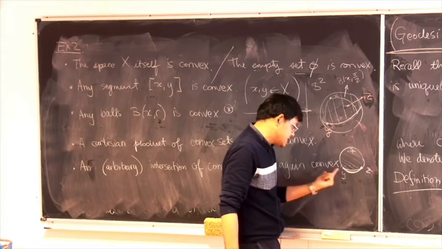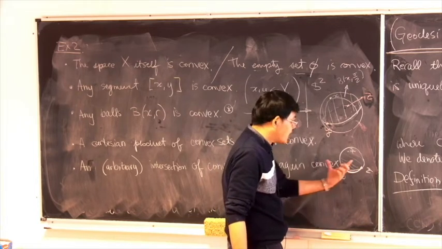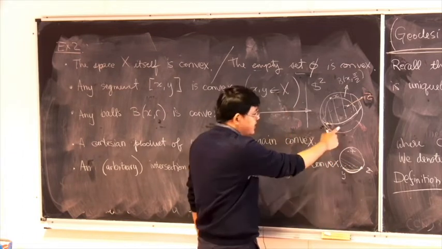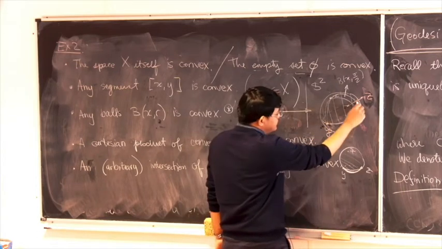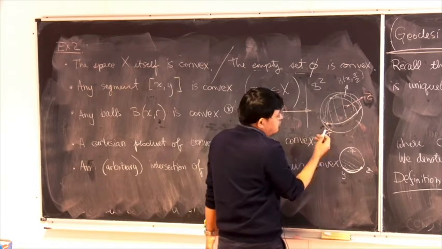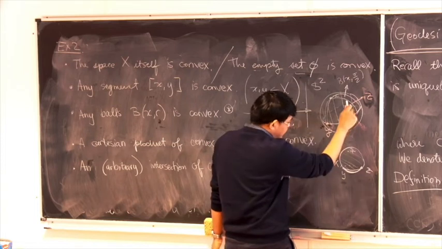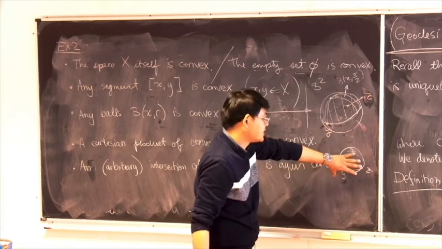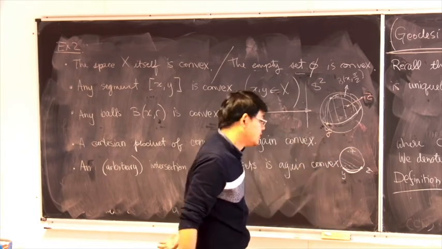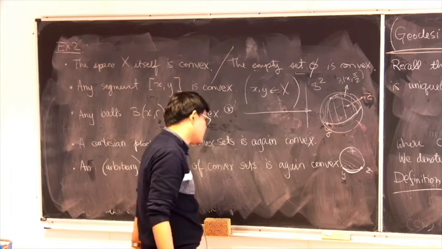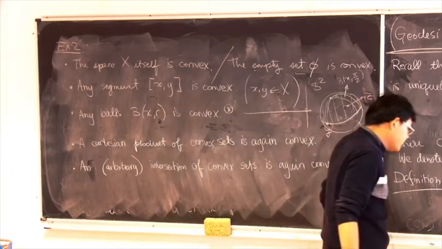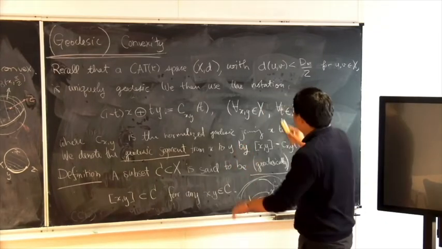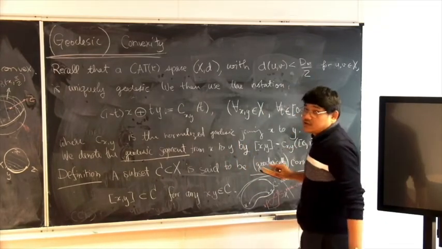So the geodesic segment that joins y and z is forced to be outside the set, the ball. Here you can use this as the geodesic segment, but you can choose some of them to be outside. But in this case, it is forced to be outside. You cannot construct a geodesic segment inside the ball. Okay, so this is what can go wrong in a CAT(kappa) space with kappa positive without the diameter condition.